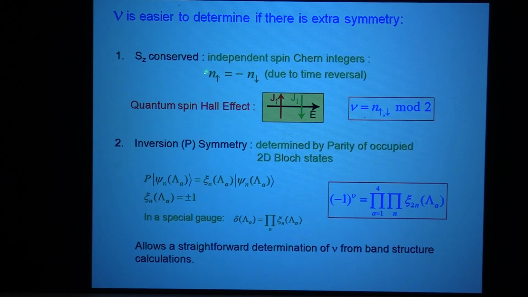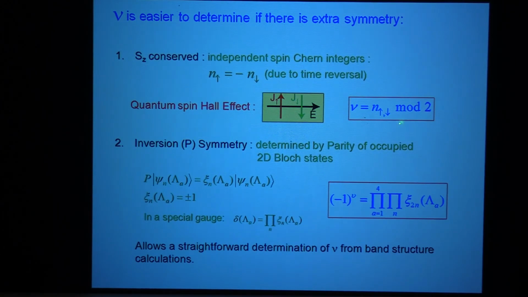Then the up and down spins each have their own Chern number, which of course time reversal symmetry says have to be opposite to each other, but the Z2 invariant is just the parity of those Chern numbers, whether they're even or odd.